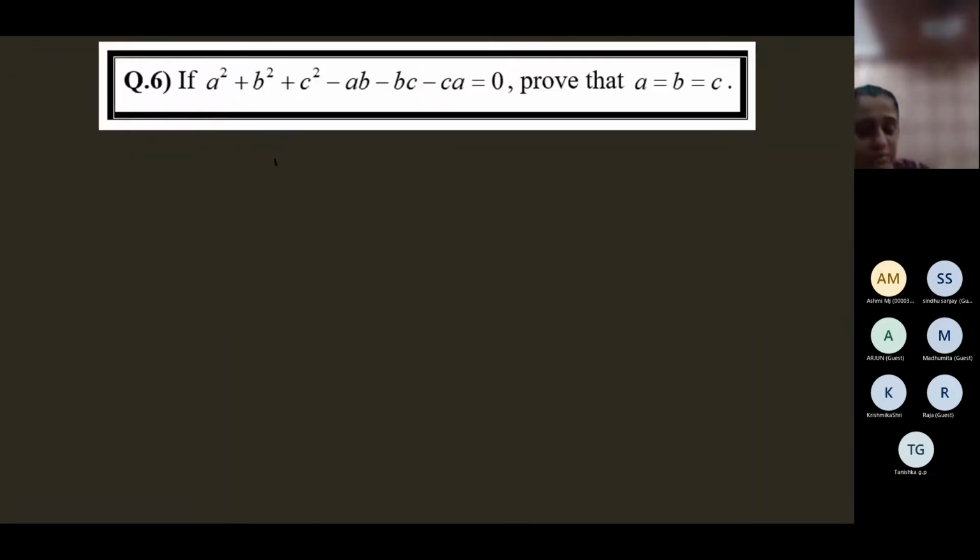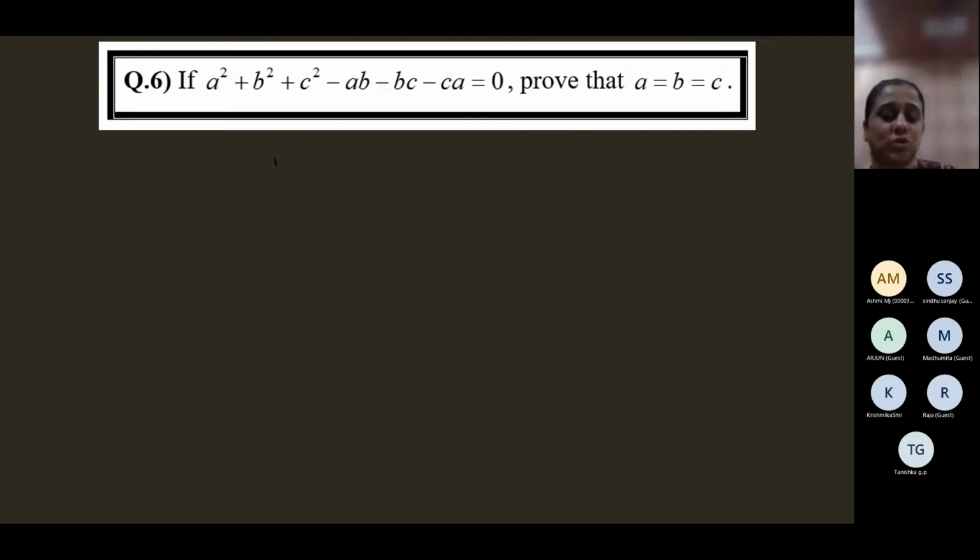All right, children. Next one. Here, given that a square plus b square plus c square minus ab minus bc minus ca is equal to 0, we need to show that a is equal to b is equal to c.